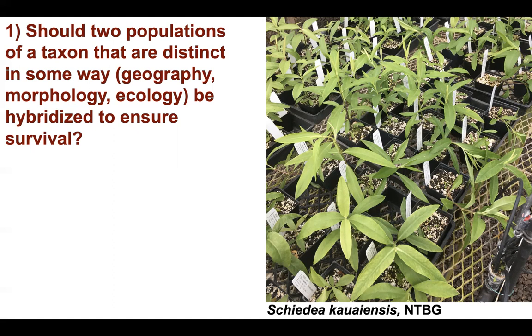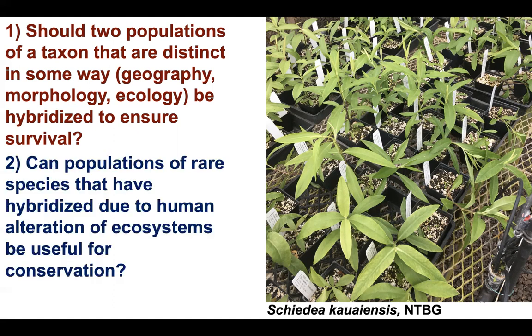Steve and Anne at Irvine have taken different populations and crossbred them, and the F1 individuals are much more vigorous growers and have much better seed set. And these are actually being reintroduced in exclosures on Kauai. So knowing the very fine population genomics of species can be very useful in guiding these decisions.